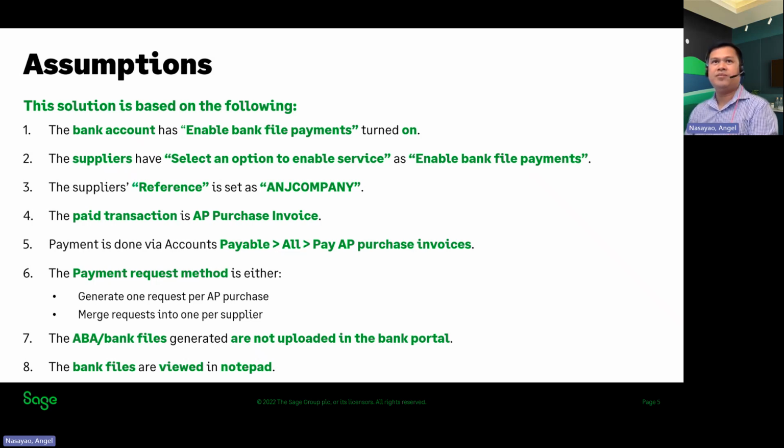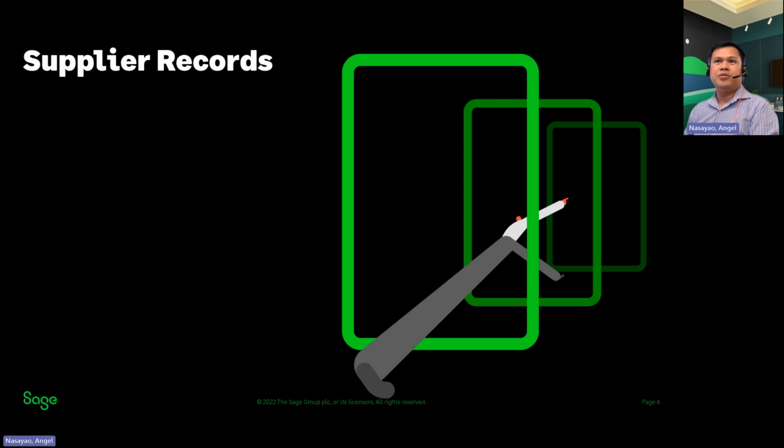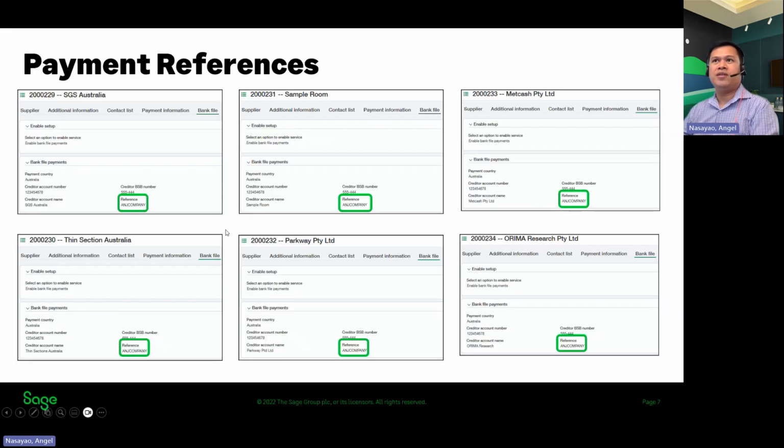Right, okay. So let's have a look at the supplier records first. I have used 6 suppliers plus 1 later on, as you will see here, with the reference numbers as defined on the supplier records, particularly on the bank file tab in there.